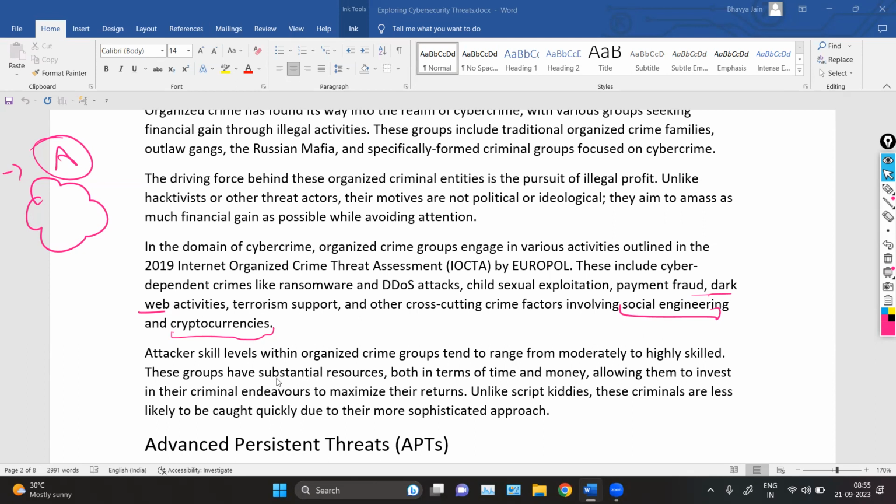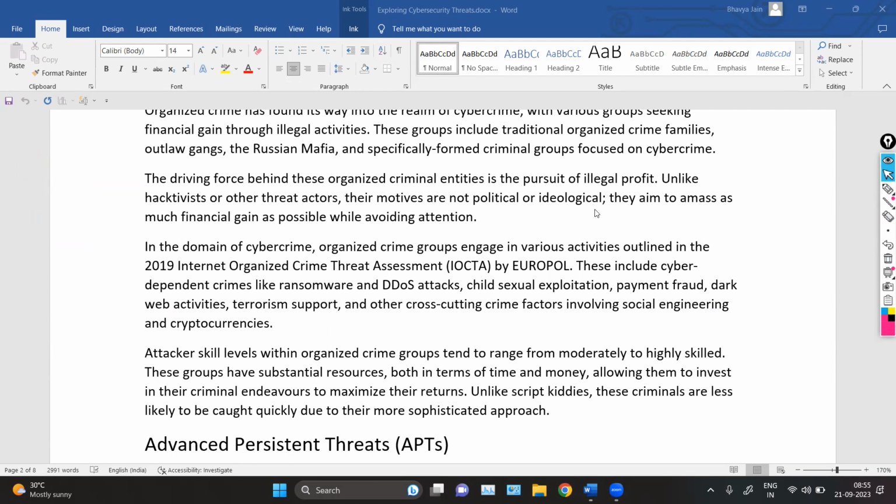Cryptocurrencies are things like bitcoins, which are mainly used in illegal activities. Cryptocurrencies are mainly used by cyber criminals so that they can become untraceable, because cryptocurrencies are somewhat untraceable.